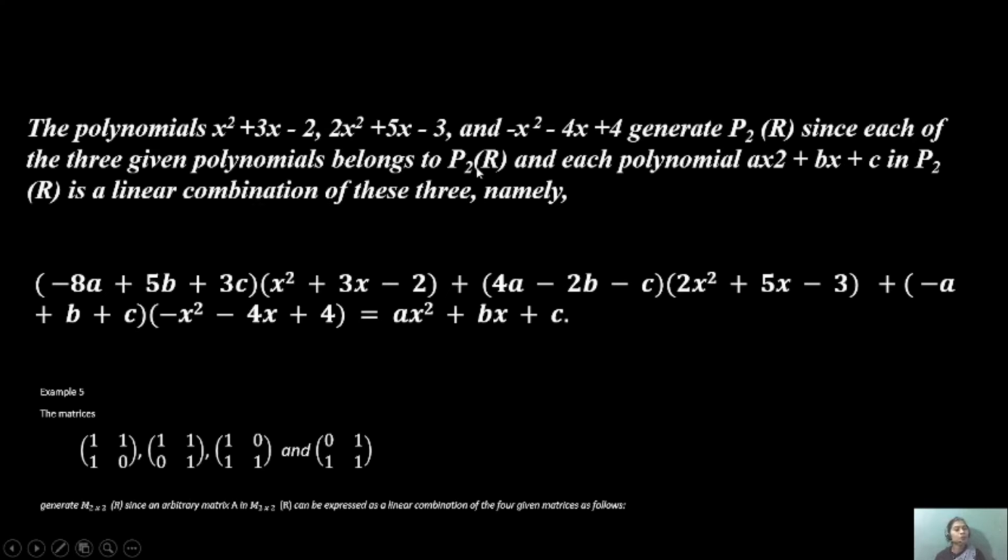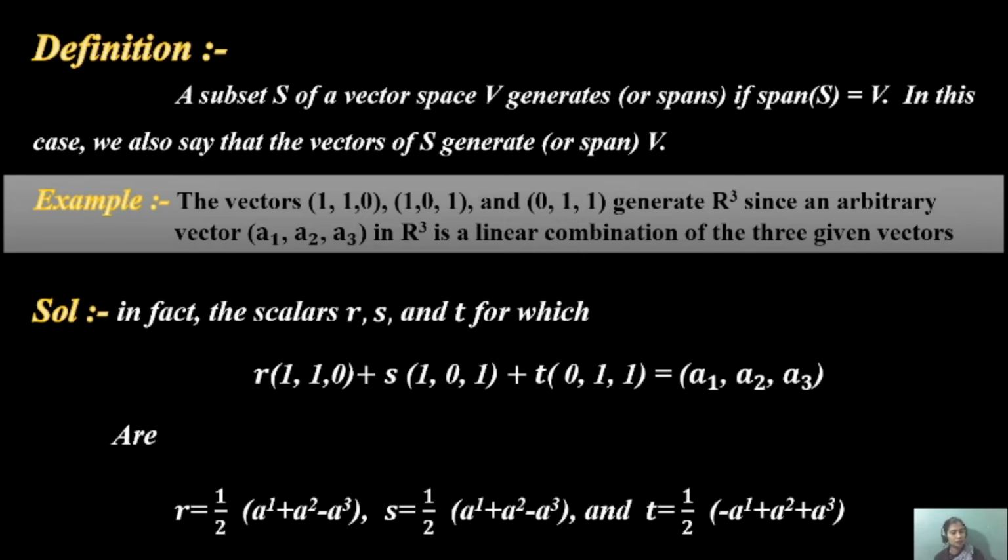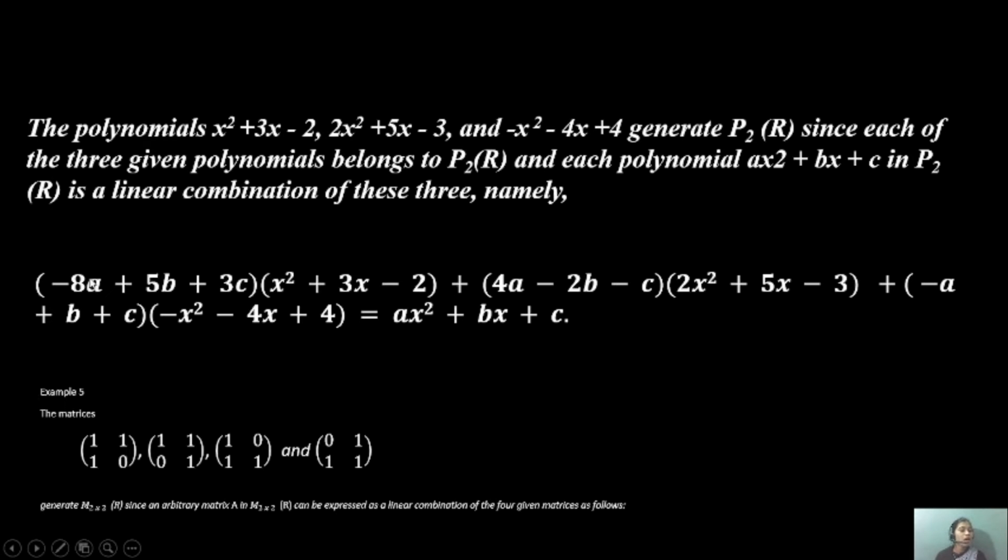For each polynomial ax^2 + bx + c, an arbitrary element of P2, it is a linear combination of these three vectors. Then we consider the form that will be generated, the addition of the terms, and put it into the equation: -a x + 5b + 3c times x^2 + 3x - 2, as in the previous example.